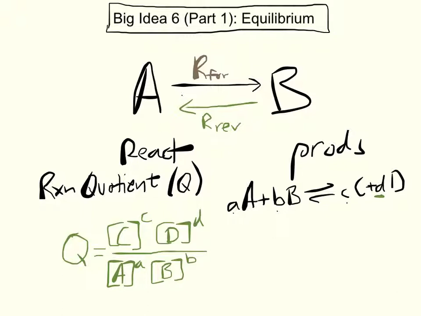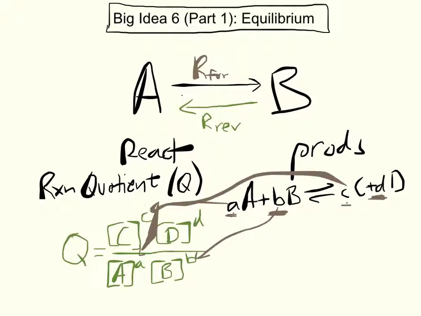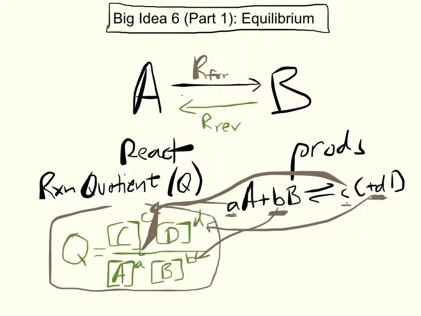Again, just to clarify, the lowercase letters are the coefficients that we find here, here, here, and here. We can do this for any reaction that is reversible, that goes in two directions, and we can determine what the reaction quotient is at any specific time.